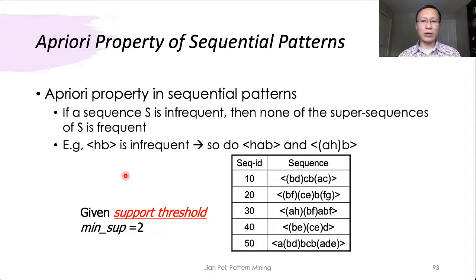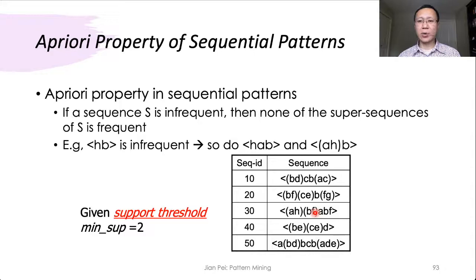Let's take one concrete example. Subsequence HB is infrequent. We only have one sequence here that contains this HB, H and B. And no matter how you add an item, say you add A between H and B, then such a sequence can only appear in at most one sequence in the database.